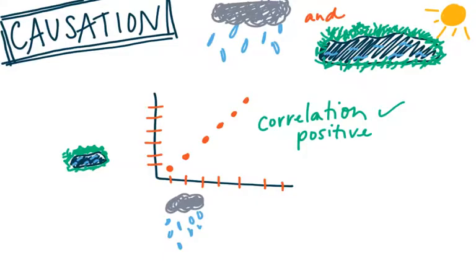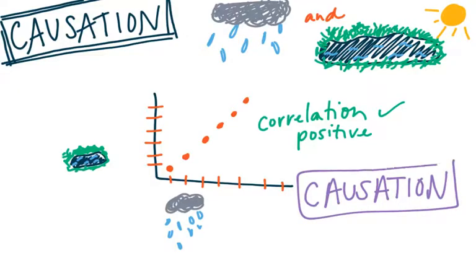But this also has this thing called causation. In statistics, people always want to know if one thing is causing the other thing. In this situation, absolutely, the more rain that we get means that the more water that is going to be in our lake. So the rain is causing our water level to increase in the lake. So causation, yes, it's correlated, but if it has causation, then that's what's even more important here.